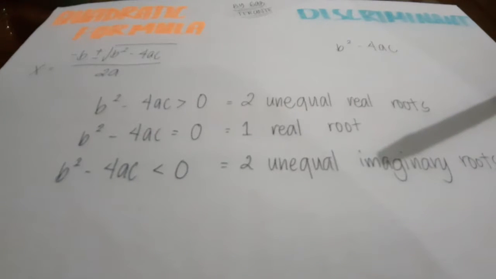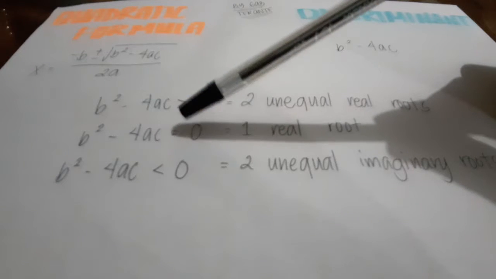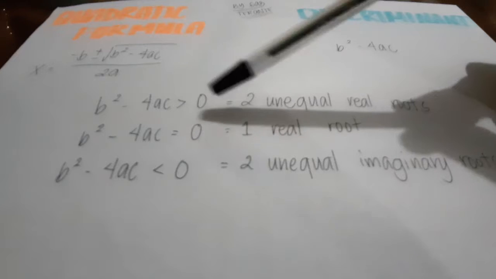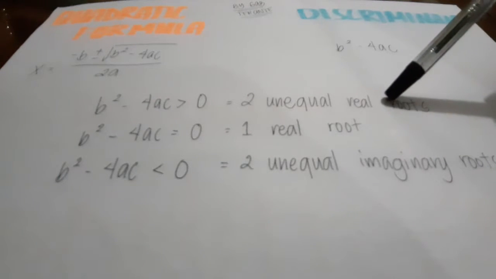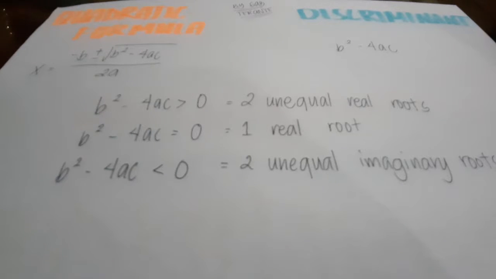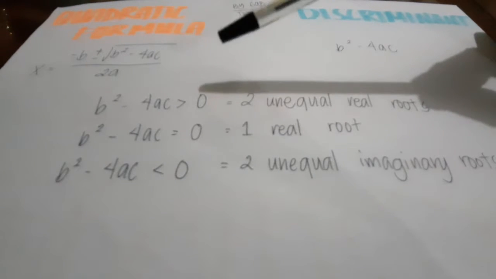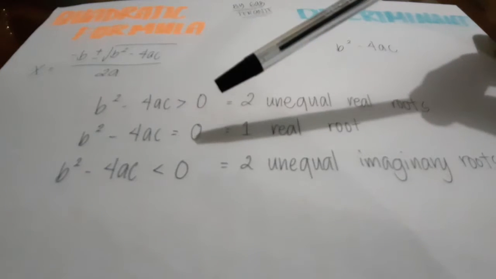To find out the nature of the roots or solutions of the quadratic equations, we must first look at the discriminant and find out its value. If the discriminant is greater than 0, then the solution has two unequal real roots. So we must first look at the value of the discriminant and test whether it is greater than 0, less than 0, or equal to 0.